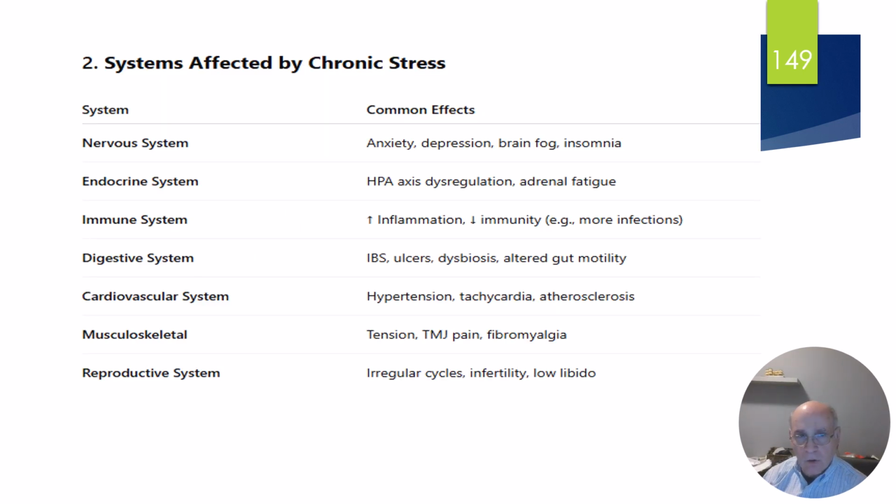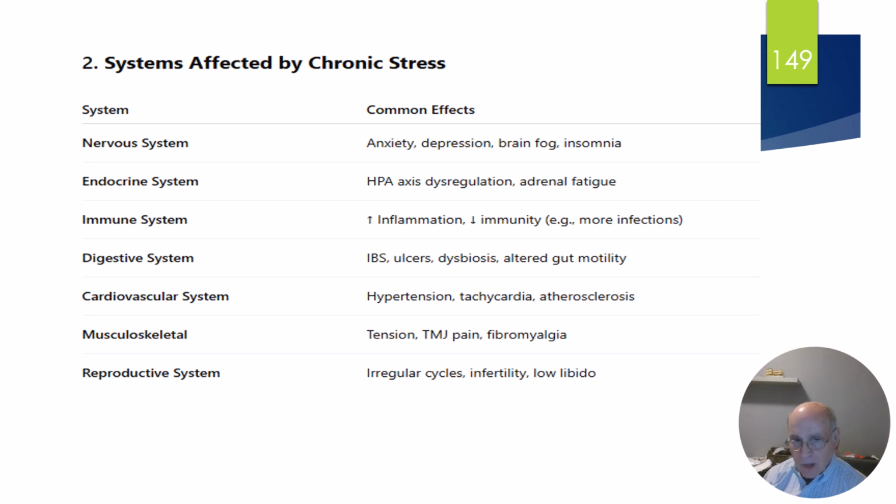So how does chronic stress affect the different systems? We talked about the nervous system: anxiety, depression, brain fog, insomnia. The endocrine system: dysregulation of the HPA axis and ultimately adrenal fatigue. The immune system: increased inflammation, decreased immunity.